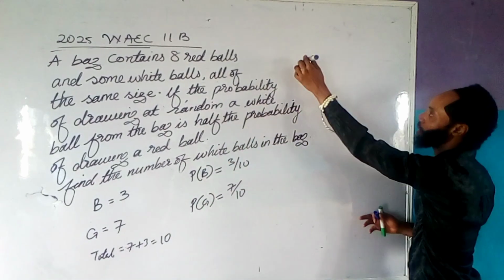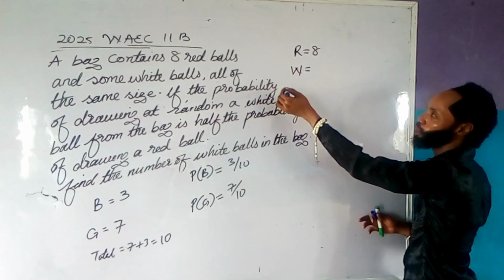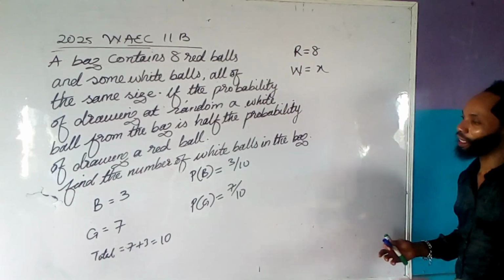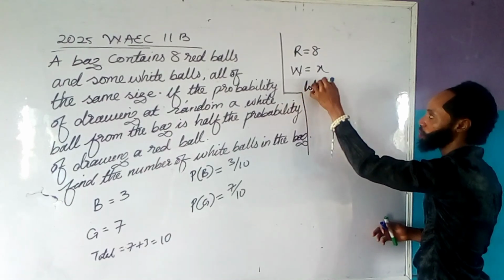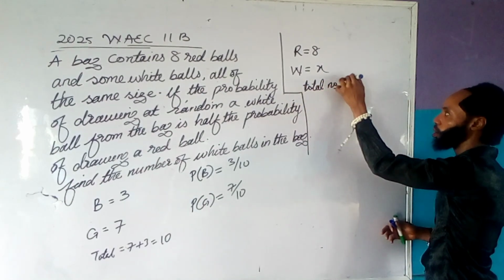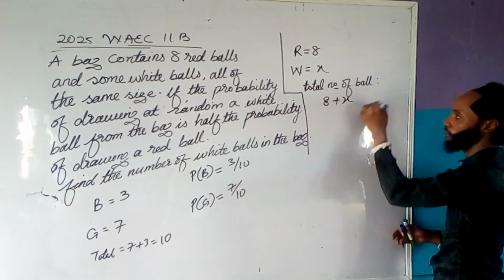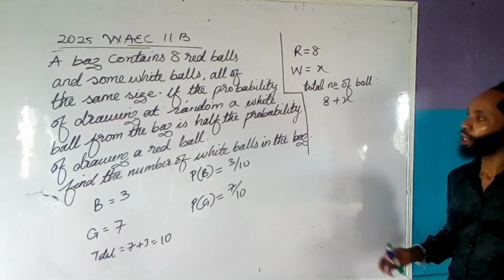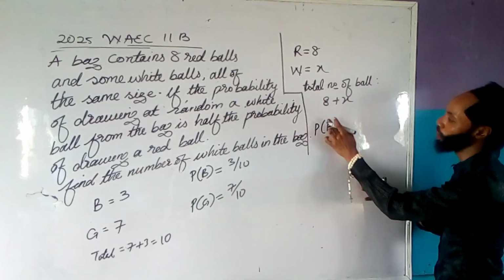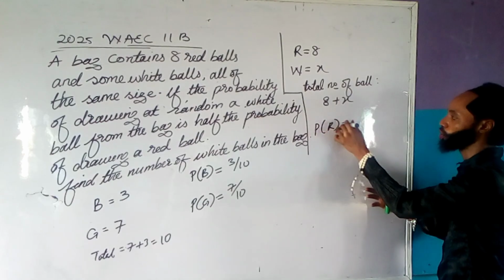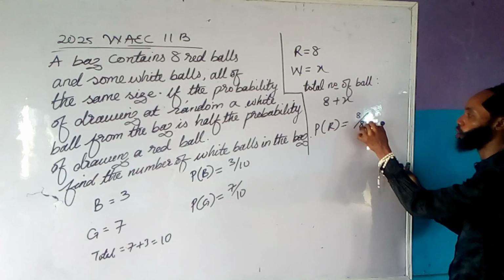Now, in this case, we're given 8 red balls. Using the same analogy, we have red 8, and white we don't know the number of, so let's say X. Hence, the total number of balls will be 8 plus X. The probability of red is 8 over the total number of balls.